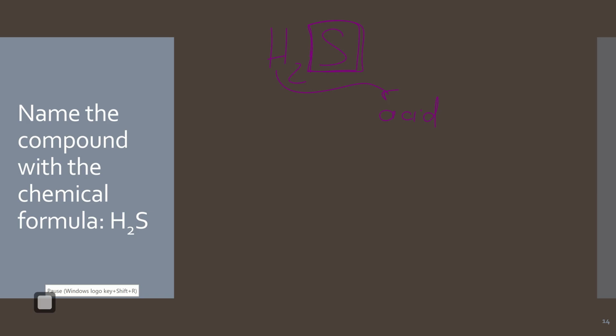It's sulfur, so I need to change sulfur and add the suffix ic. Sulfuric is what we're going to have. I forgot to say this: it's a single element off the periodic table.